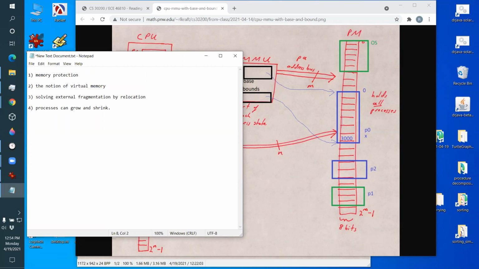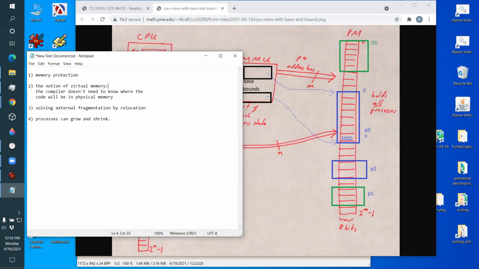We mentioned it briefly. What do we mean by the notion of virtual memory? That means that the compiler can compile for virtual memory.